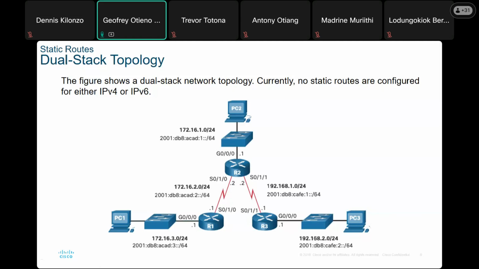There are 3. Which are these 3? The LAN for R2, 172.16.1.0. The link between R1 and R2, 172.16.2.0. And the other one for R3, 172.16.3.0. Those are remote.